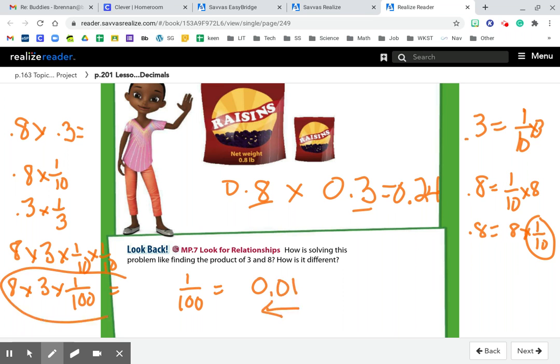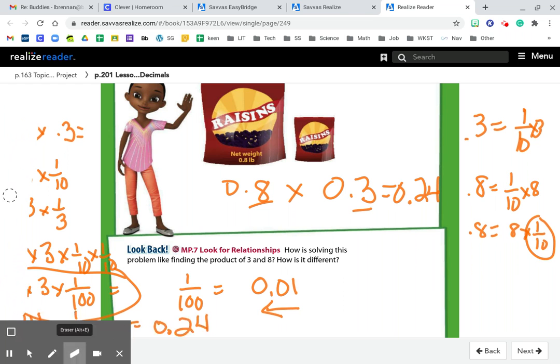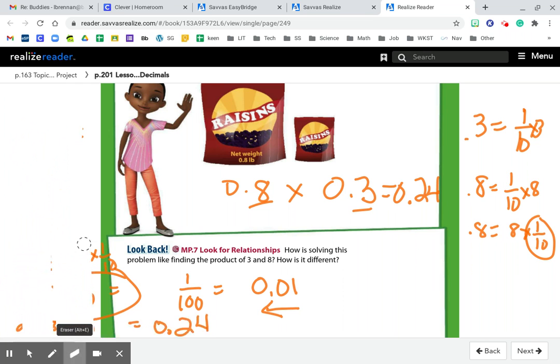So this is kind of a little bit what we're going to be doing in this section. So 8 times 3 times 1 over 100 is like saying 24 times 1 over 100, which is the same as 24, and I'm going to have 2 decimal place values in my answer. So I know that was a lot, but we'll do some practice with it.